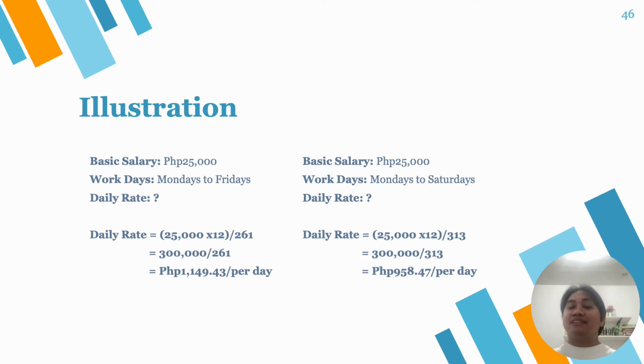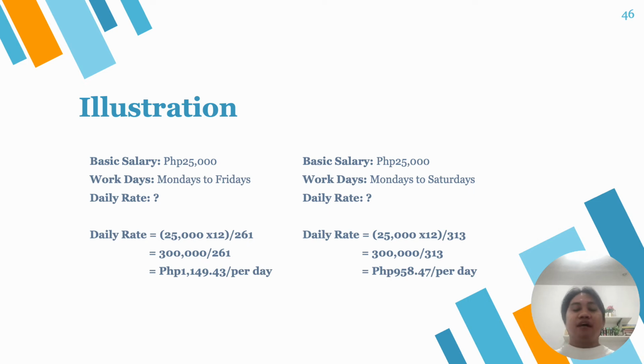Now, assuming the basic salary is the same, 25,000 pesos, but the employee is working Mondays to Saturdays, same thing, 25,000 times 12 months gives us 300,000 pesos annual salary divided by 313 working days. Again, it's Mondays to Saturdays, so it's a longer work week, and will give us 958 pesos and 47 centavos as the daily rate.